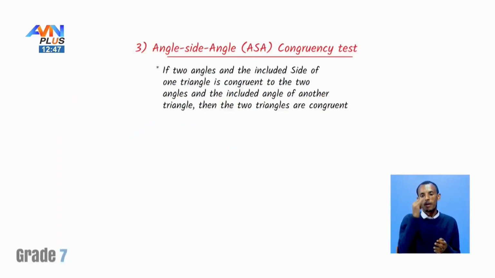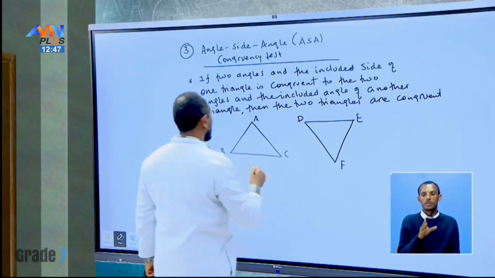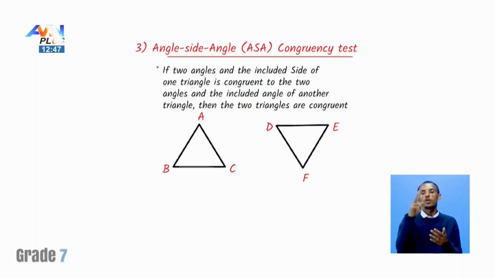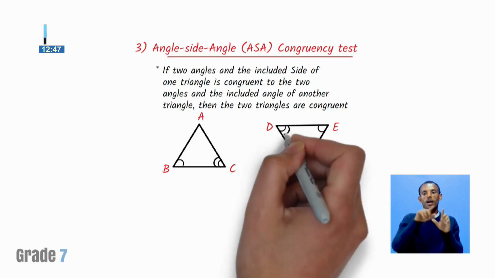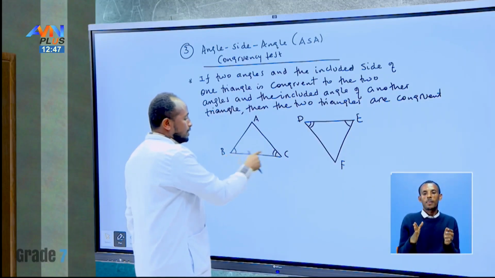Look, if you have this triangle ABC, and again, if you have here triangle DEF, if two angles of the two triangles are congruent, assume this angle is congruent to this one, and this angle is congruent to angle D. And the included side means it is the side between the angles.